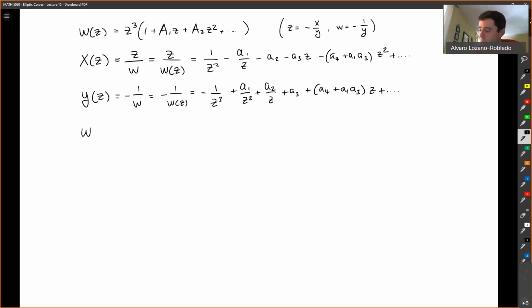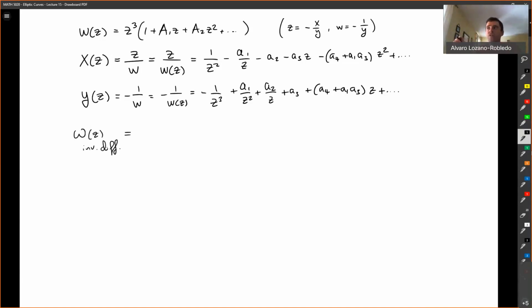You can retrieve other things. Now this is omega. Let me write it better. Omega is going to be the invariant differential. I can also write it down. Remember that our invariant differential was dx over y.